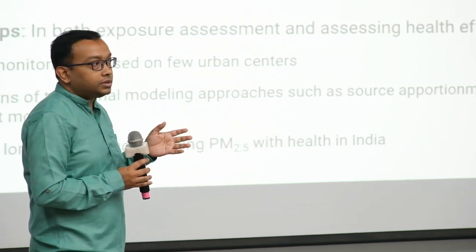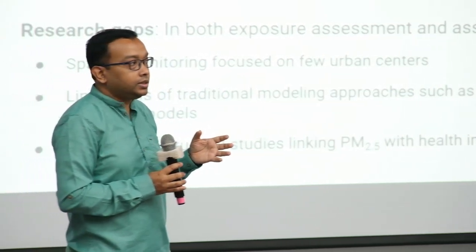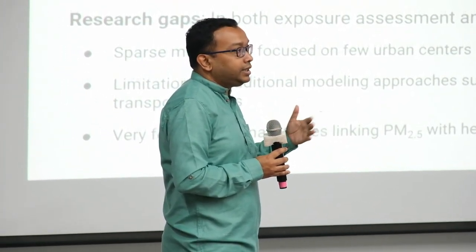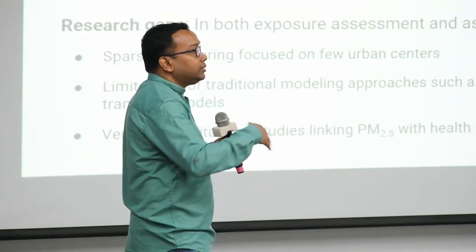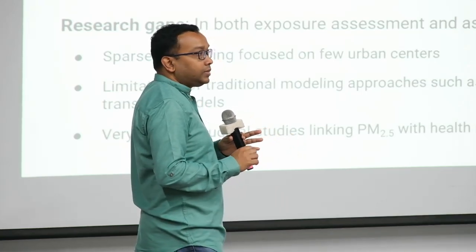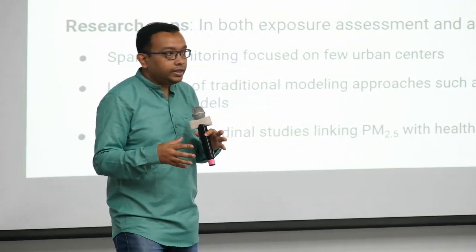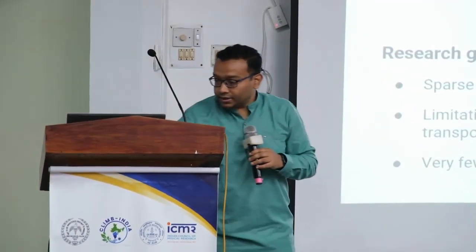The Central Pollution Control Board monitors are very, very costly, and the cost of maintaining them over the years is an added cost. You can't just go ahead and put 5 monitors in a small city. That's not going to happen. So we need to innovate in terms of how we assess exposure. That's why we are doing this.